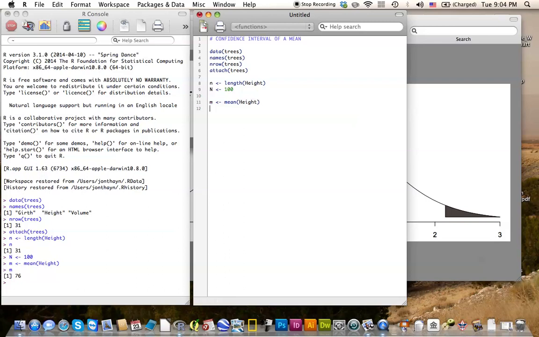But I want to know how, plus or minus that mean, how confident we are that our population mean is within there. So we're going to establish a confidence interval, or sorry, a confidence level, 0.9. So I want to be 90% confident that the population mean falls within plus or minus something of the sample mean. I need to calculate what that something is.